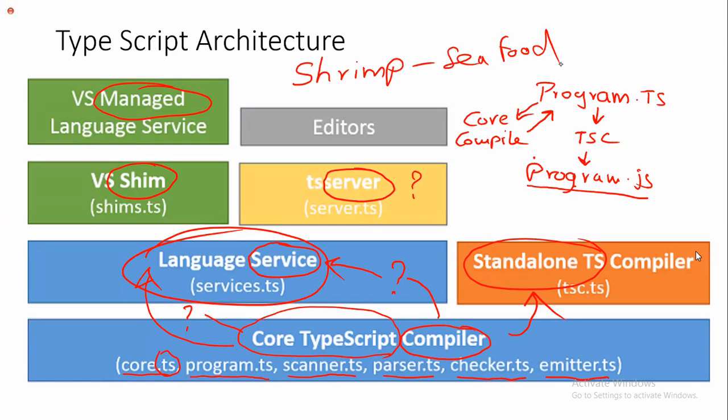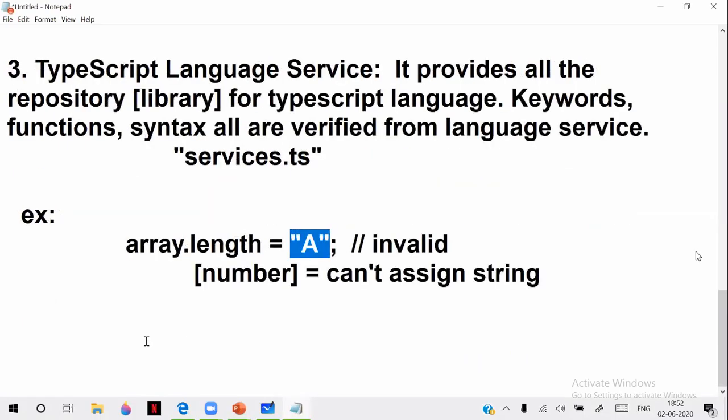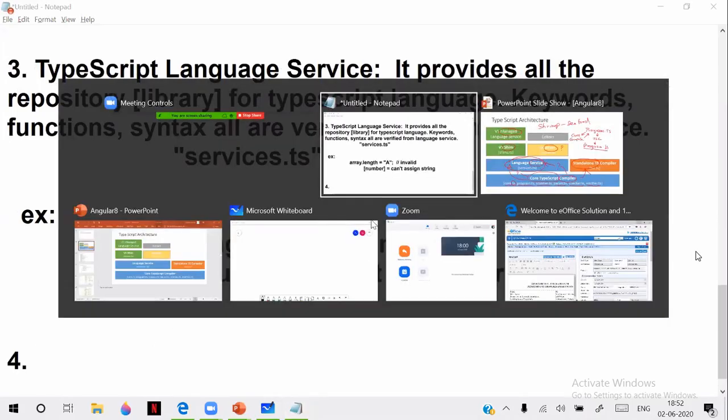That is important in TypeScript architecture. So that is the role of a shim. That means we have another important number 4: we have a language service.